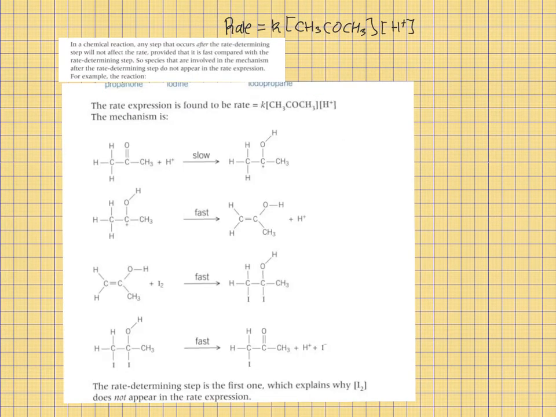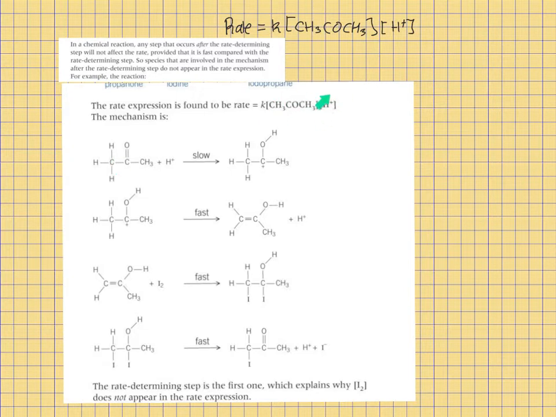So let's now look at the species in the rate determining step, the slowest step, and then look at the rate equation. So here is hydrogen ions, and in the slowest step there is 1 mole of hydrogen ions colliding with 1 mole of propanone molecules. So the species that appear in the rate determining step also appear in the rate equation.